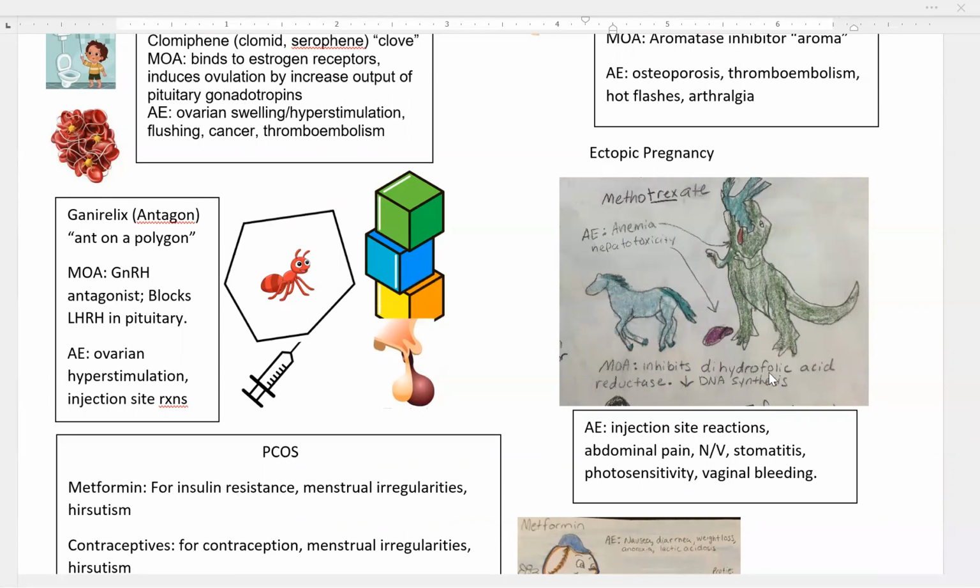It inhibits dihydrofolic acid reductase, which decreases DNA synthesis. Adverse effects are a little bit different from what was previously learned, so ignore the picture and focus down here. You have injection site reactions, abdominal pain, nausea, vomiting, stomatitis, photosensitivity, and vaginal bleeding.